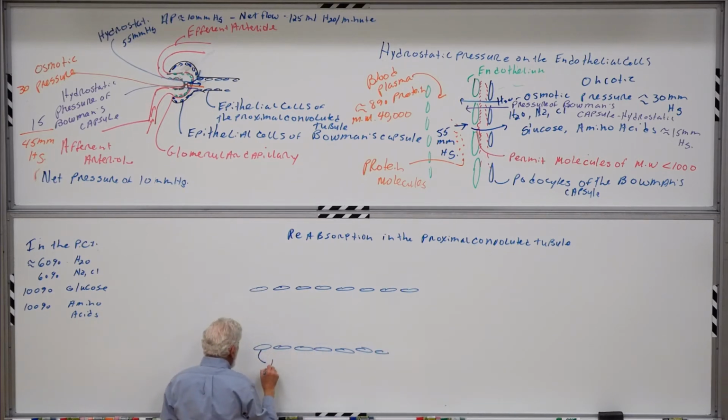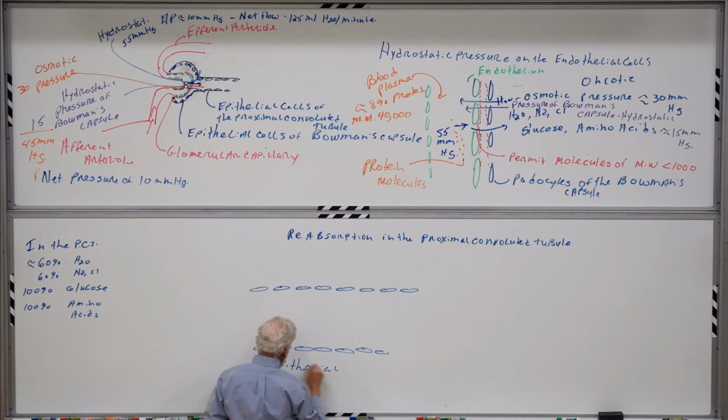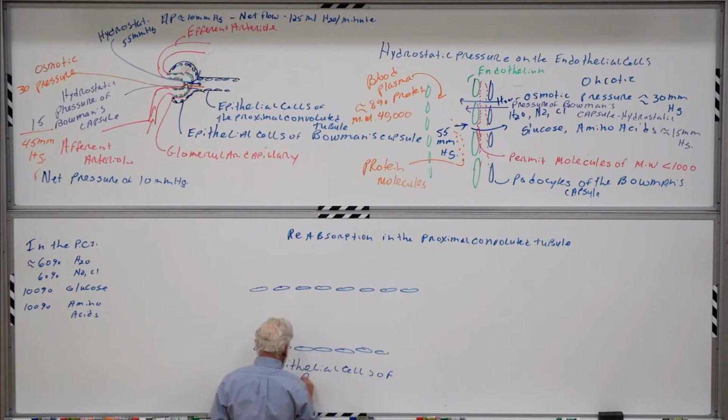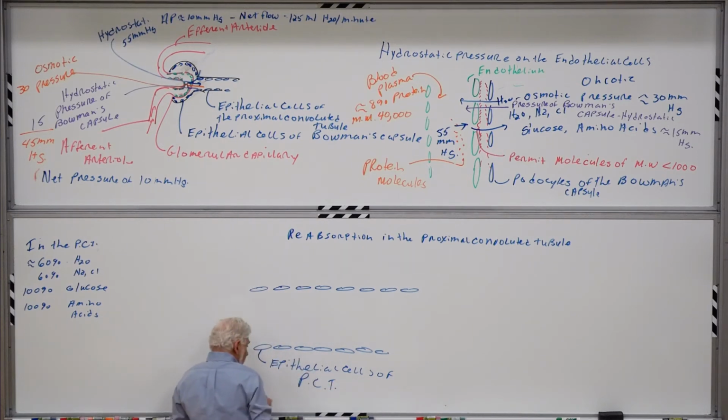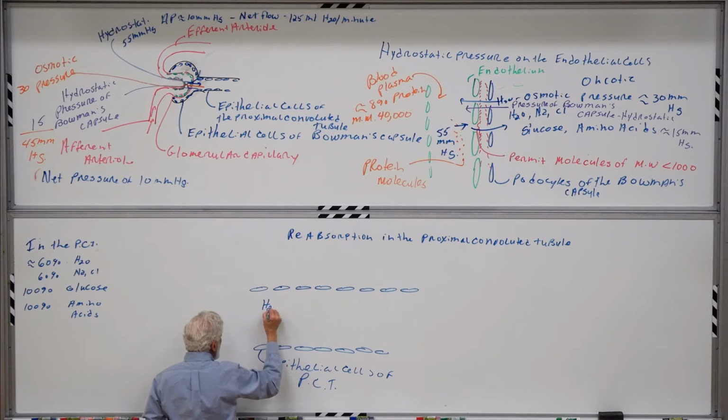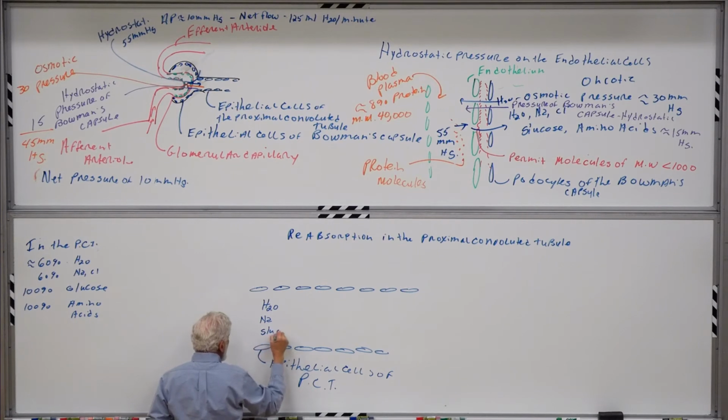These are intended to be the epithelial cells of the proximal convoluted tubule. And so we will have squeezed out from the blood water and sodium and glucose and amino acids.